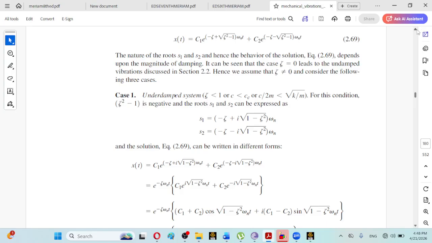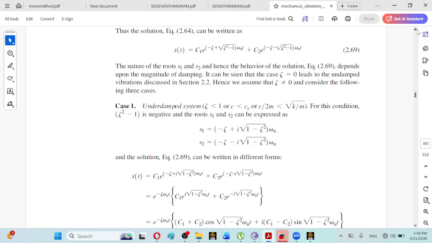So the important thing is that, as we can observe in this equation 2.69, because it says damping factor square minus 1, if the damping factor is less than 1, its square will be less than 1. So when 1 is subtracted from a value which is less than 1, under the radical sign we get a negative value. That means the roots will be imaginary here.